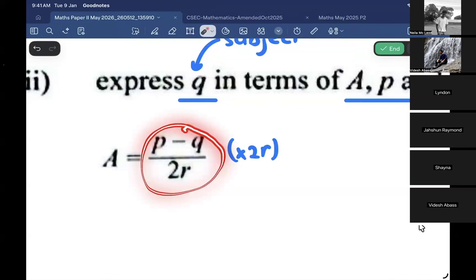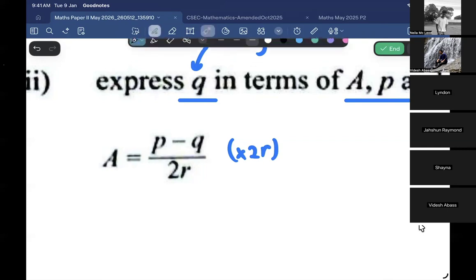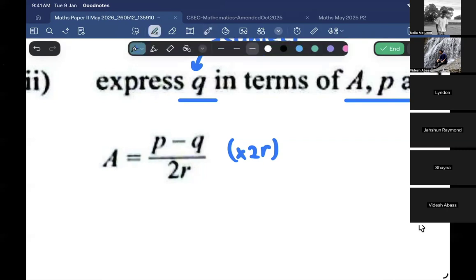Dividing by 2R. So if I want to cancel that operation, I'll do the opposite. What's the opposite of dividing by 2R? Multiplying by 2R. Exactly. And if I do something on one side, I need to do it on the other side. So I'm going to multiply everything by 2R. On the left hand side, we multiply by 2R.